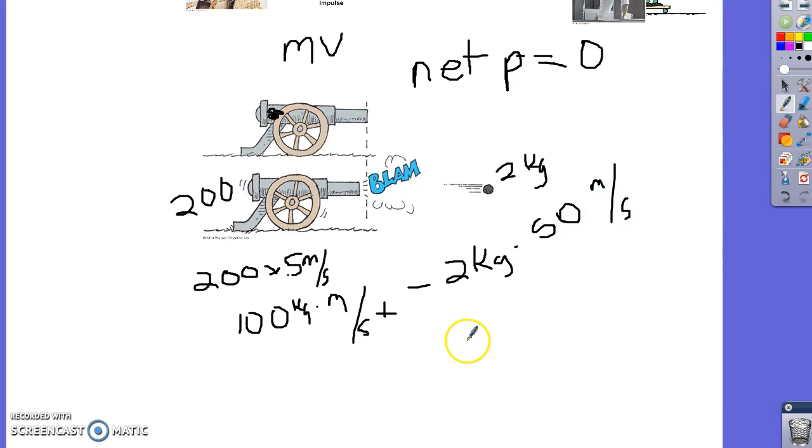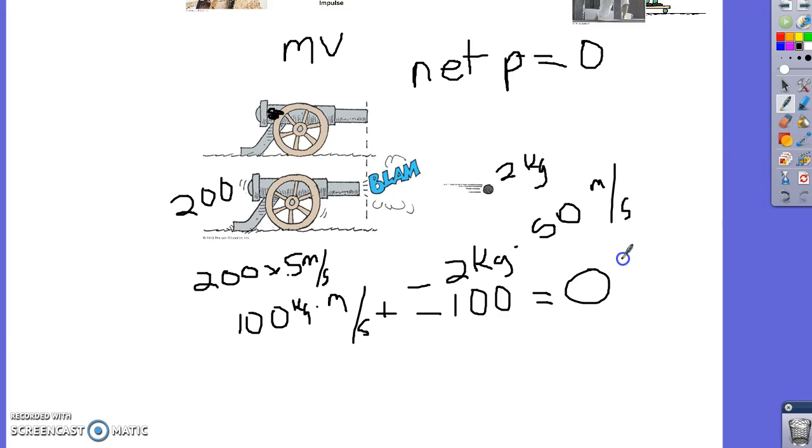Well, 2 times 50 is going to give you 100, so it's going to be plus negative 100 kilograms times meters per second. I'm not going to write that out because I'm trying to do this with my mouse pad. But if we have 100 plus a negative 100, what are we going to end up with? 0.